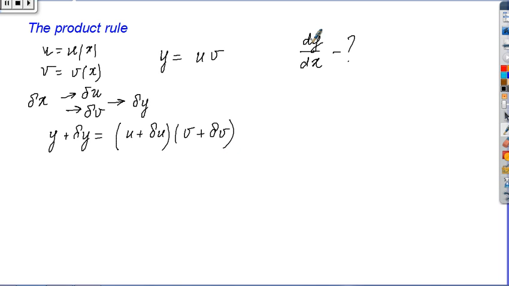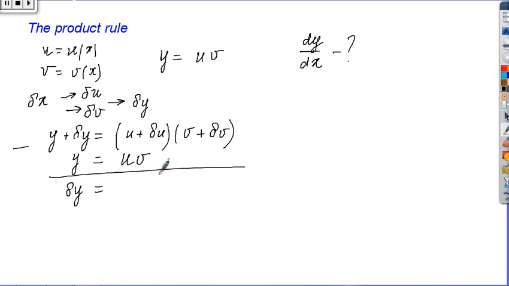We need to find first the small change in y. So therefore, let's subtract our y, which is uv, from y plus delta y. So y plus delta y minus y is going to be delta y. And we'll subtract uv from this bracket, but first let's open it.